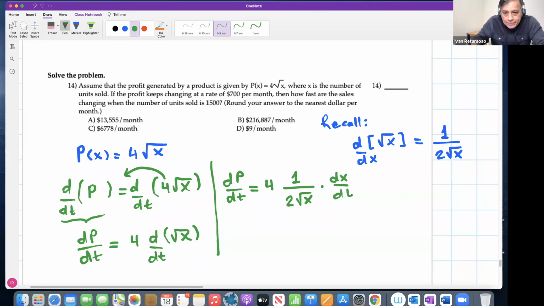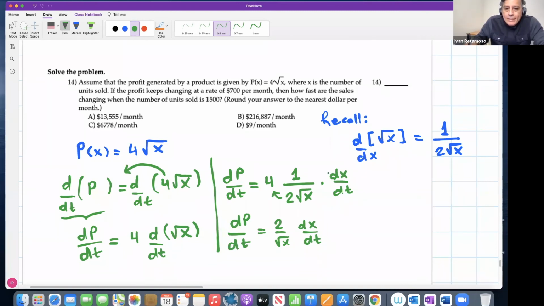You follow, guys? You attach this. Then simplify a little bit, replace what you have, and get what you don't have. 2 into 4 is 2. 4 times 1 is 4, over square root of x times dx/dt is what I get simplifying.